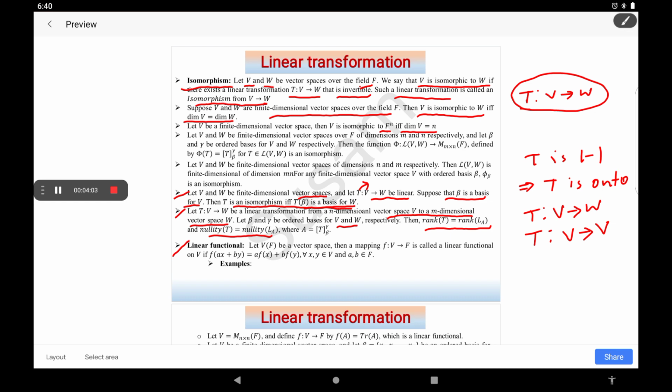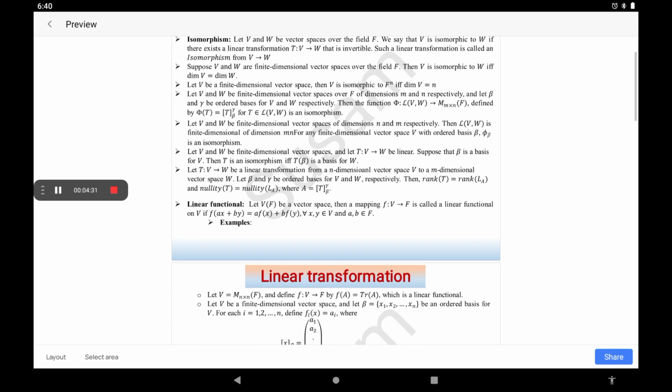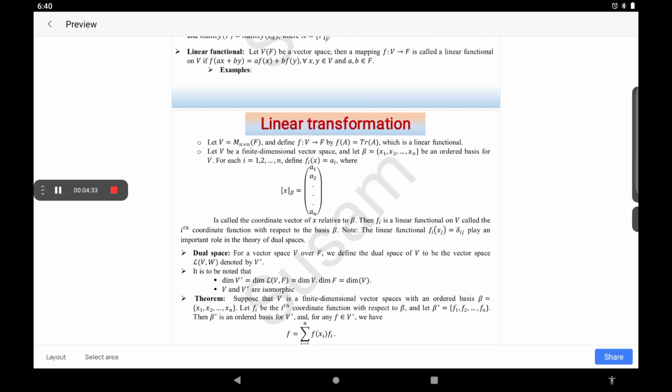Let V be a vector space over F, then a mapping f from V to F, where the codomain is the field F itself, is called a linear functional on V if these properties hold. These properties include both the addition and multiplication property. Some examples I have also given here on linear functionals that you can go through.